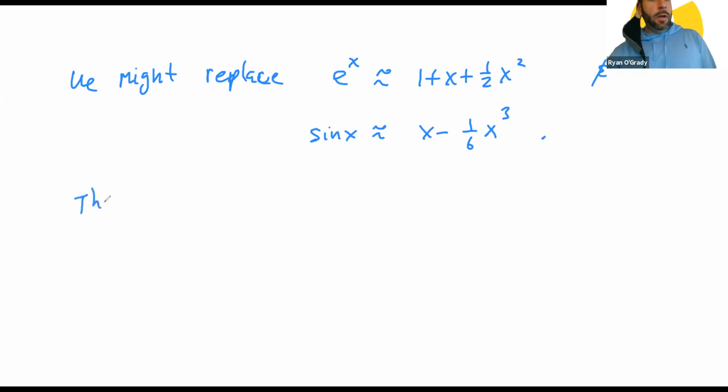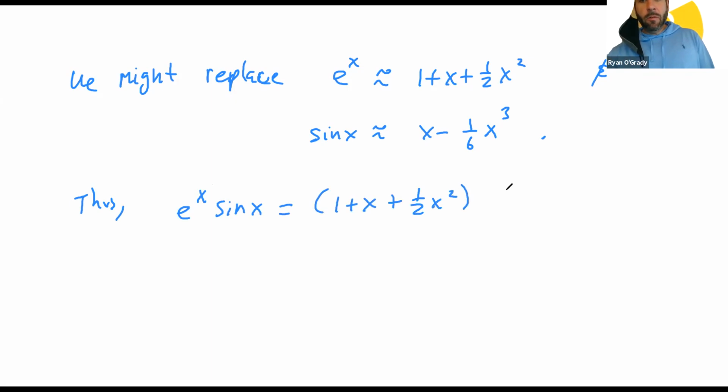So algebraically speaking, this is not much fun, but you can definitely multiply it out if you wanted to. So I shouldn't say this is equal, this is approximately.